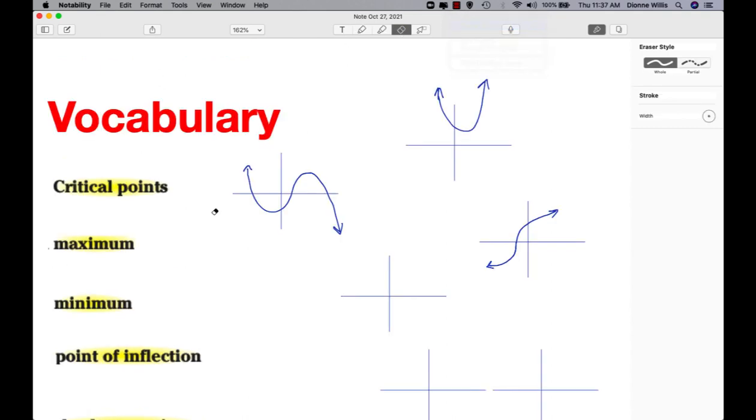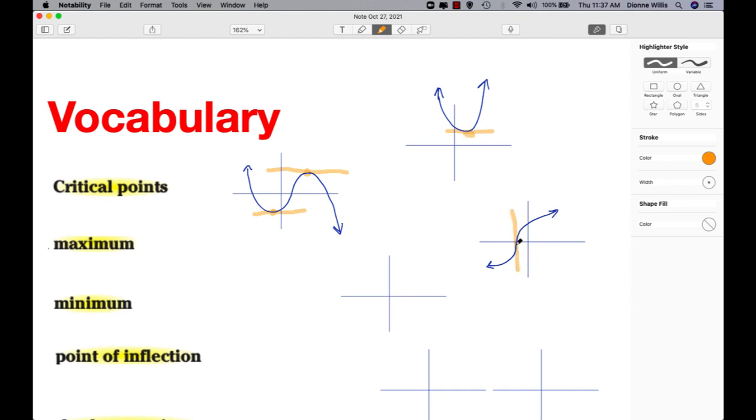So if I were to consider these three graphs here, I would consider certain spaces to be what we call critical points. A critical point is wherever I can draw a tangent line at just one point on a graph such that it is horizontal, as I have here, or this is another situation where it's horizontal, or vertical, as I have here.